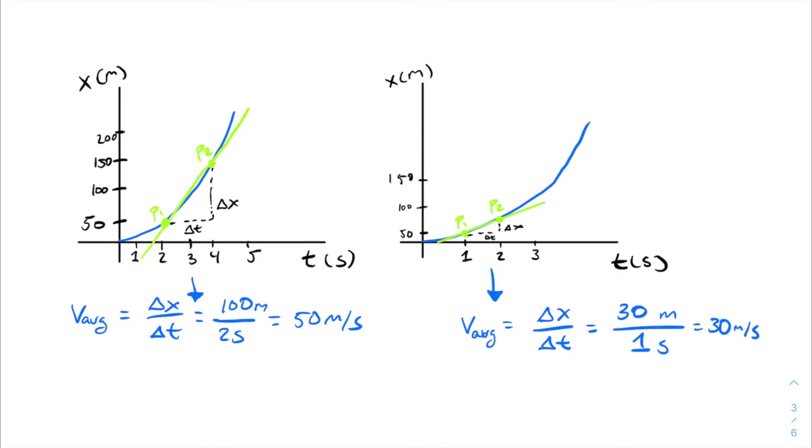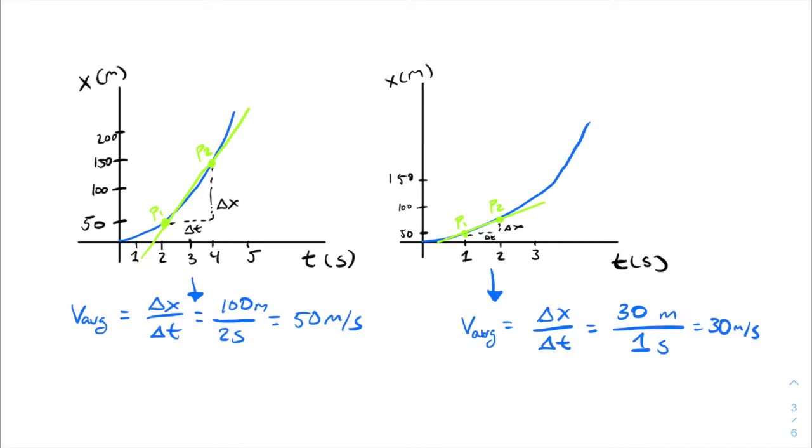As we know, the average velocity is given by the displacement divided by the difference in time, right? So as we can see here, taking this average velocity is like taking the slope of a line that passes through these 2 points.